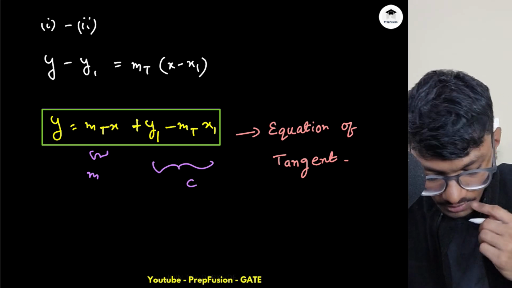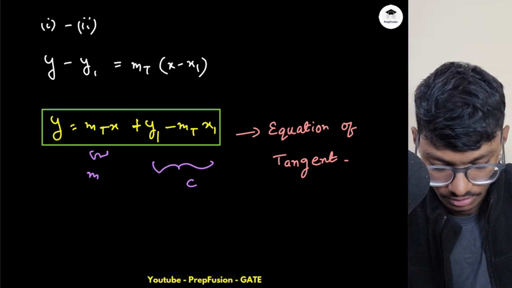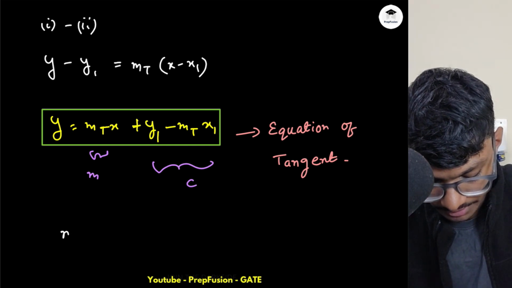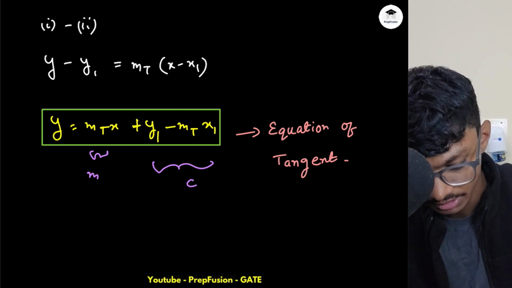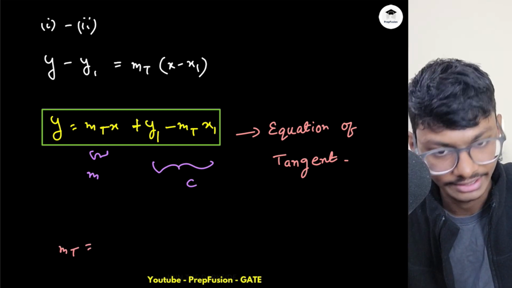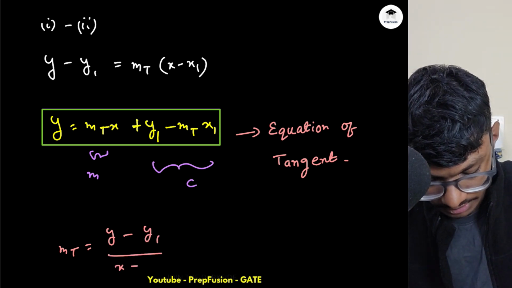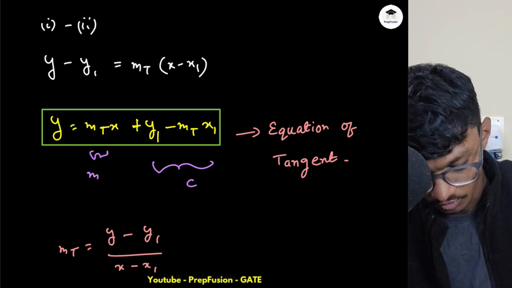So from here what I can write is that mt, because we will already find out mt, that's why I write like this: mt equals y minus y1 divided by x minus x1. We use this format also.